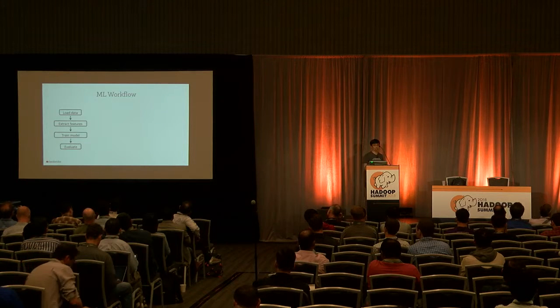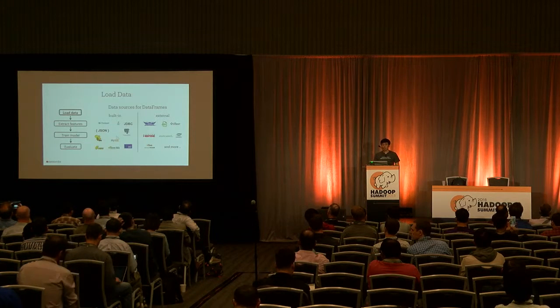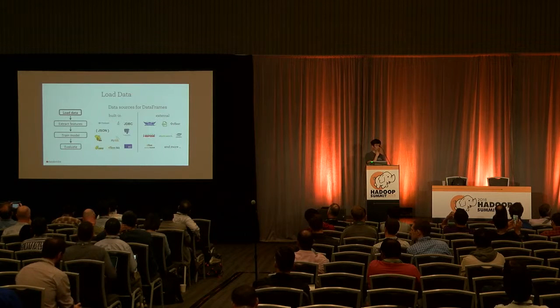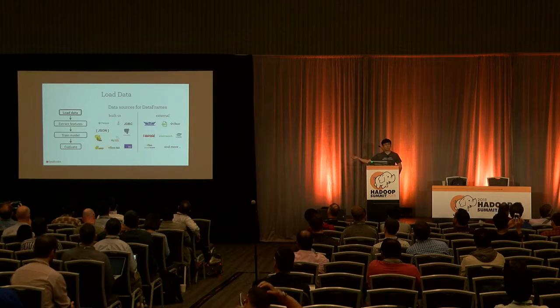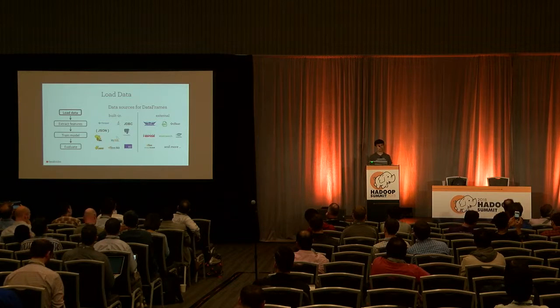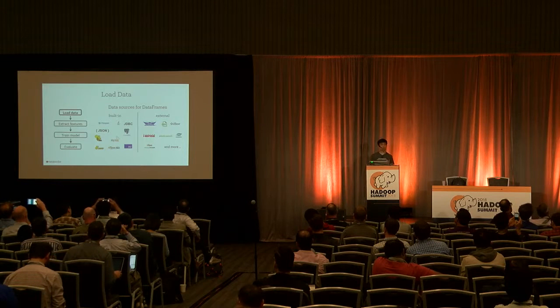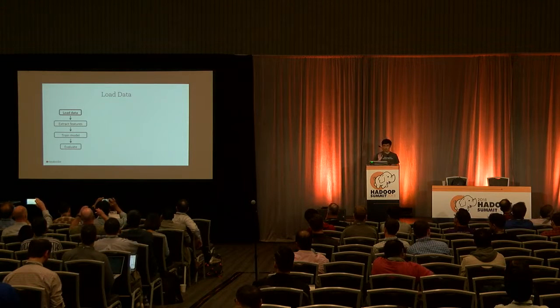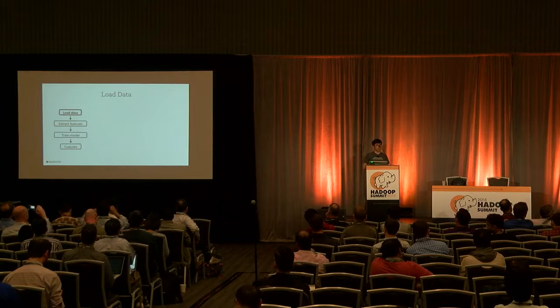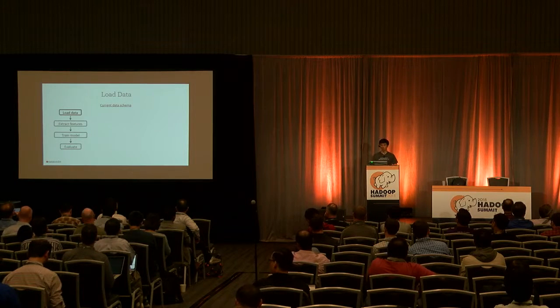So for loading data, basically we rely on the data sources for data frames. There are a number of built-in ones, but there's also an external data source API on which we and other people have built other data sources support. Avro, CSV, and so on. So given that we load the data using the data frame API, we basically start this pipeline with a data frame.